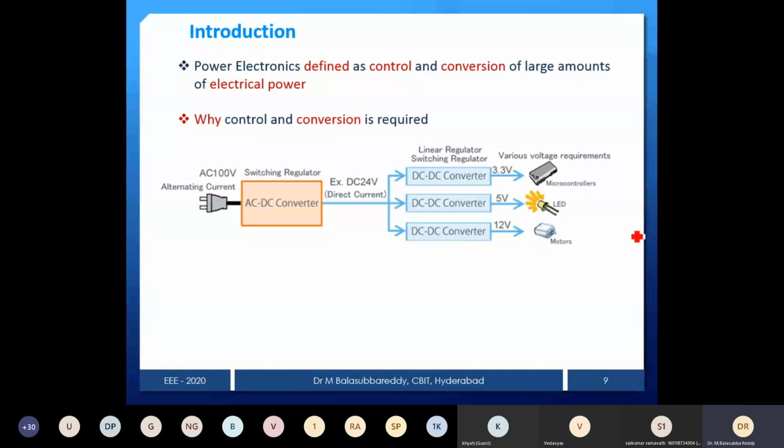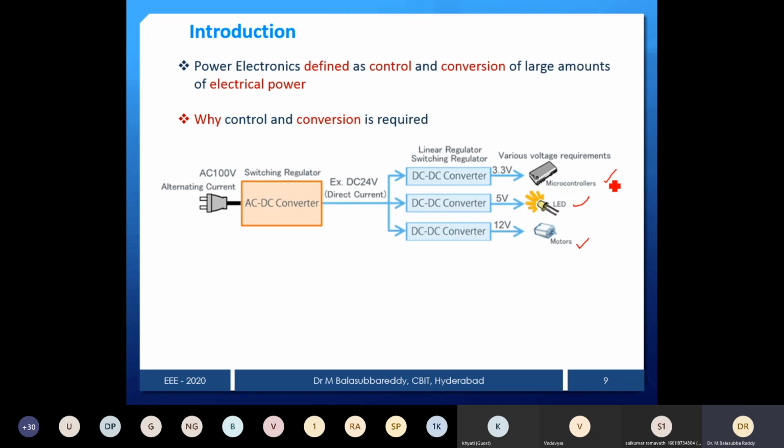But for your application, you may want to use an LED, a DC motor, a microcontroller, or a charger. I am showing very few, but with this logic you can easily observe that thousands of applications are available with different voltage levels.